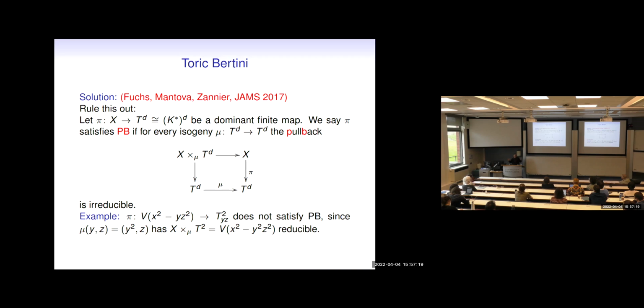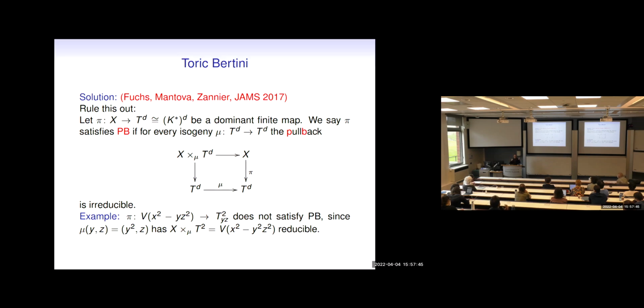That's not a serious restriction. But here's the thing. If you do that, sometimes you're going to run into trouble. When are you going to run into trouble? You're going to run into trouble if there's an isogeny. This is a surjective group homomorphism with finite kernel.